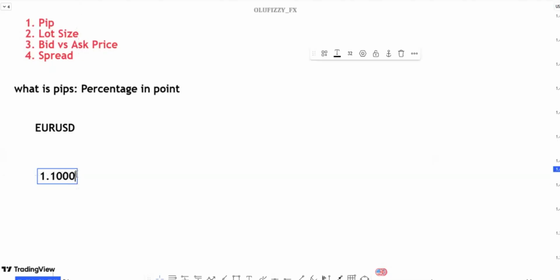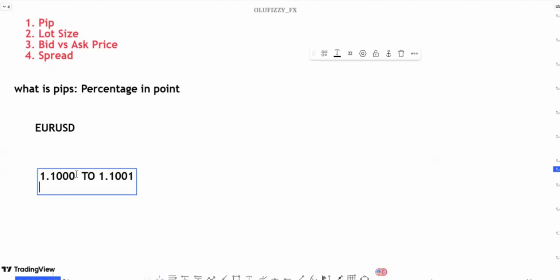Let's say price has now moved from 1.1000 to 1.1001. In that case, that means we have a 1 pip movement.